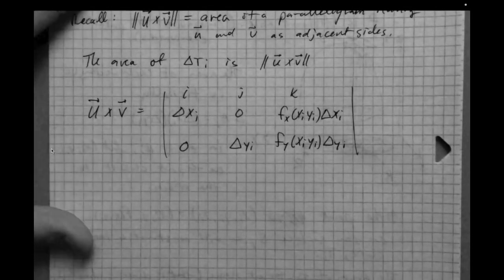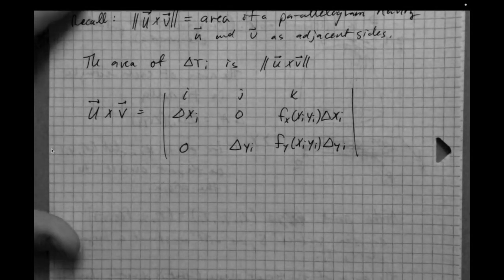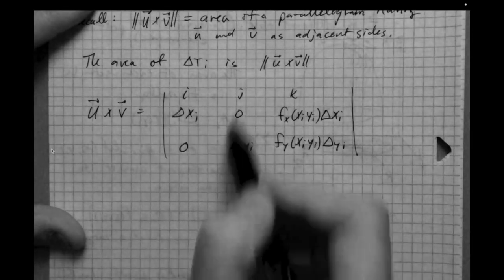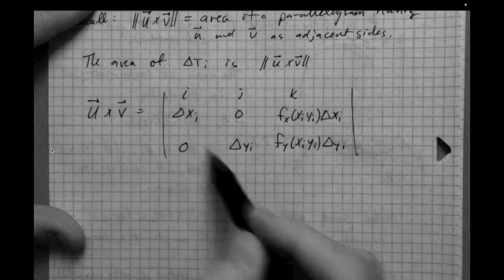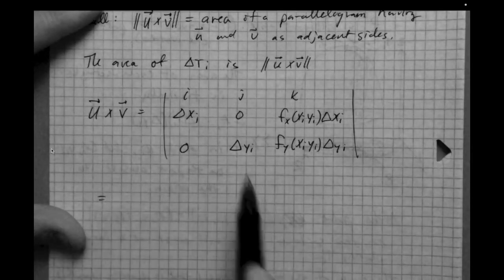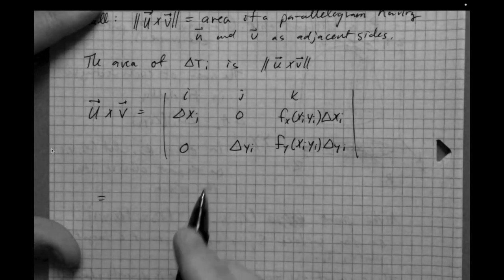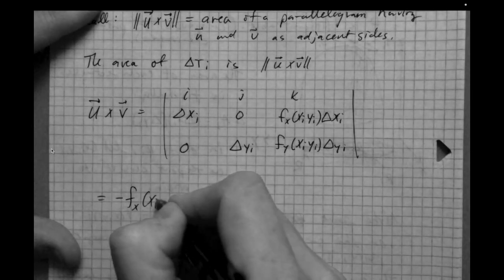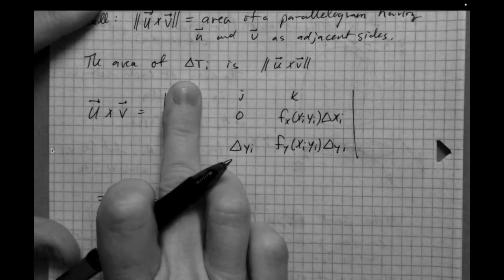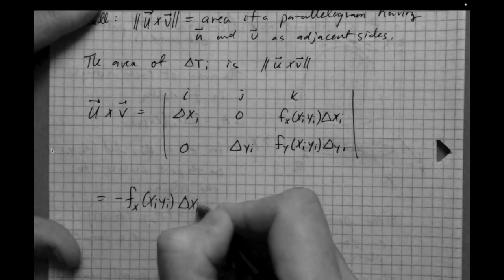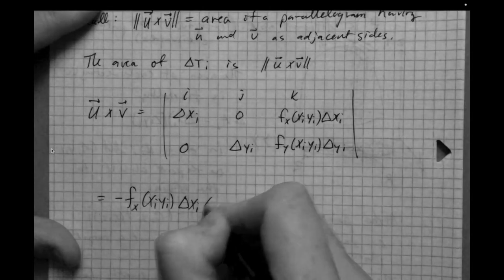And so we remember how to calculate the cross product. We're going to need the i component, j component, k component, and it's done by crossing, multiplying, and subtracting the two products. Going through this, for the i piece we would get negative f sub x at (xi, yi), right? So we're crossing this out, and that's 0, and then it's just minus that, times delta xi delta yi.